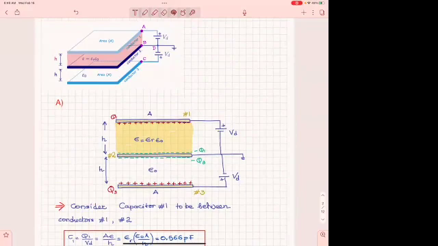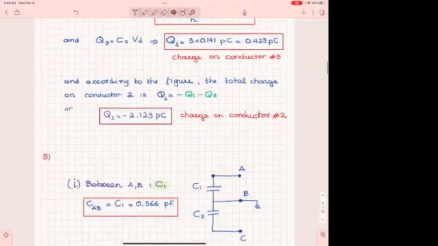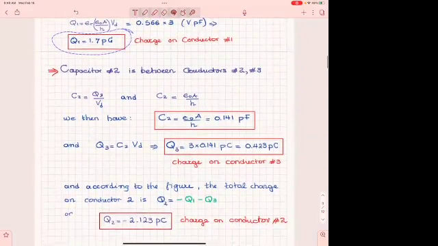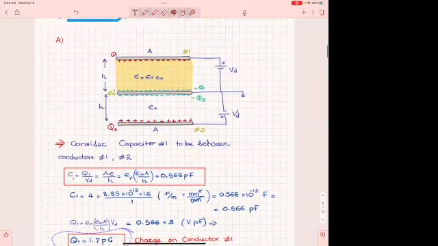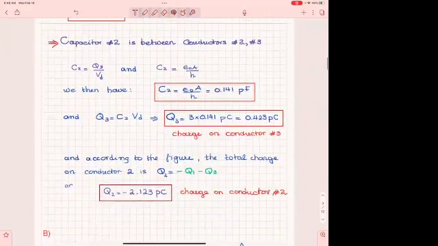But because now we have air and dielectric, I go to the second capacitor, which is below, and I'm using the formula to find the value for the capacitance in the second capacitor. The second capacitor is underneath it here. So I'm finding the capacitance of that. And then I'm using this formula and I find the Q.